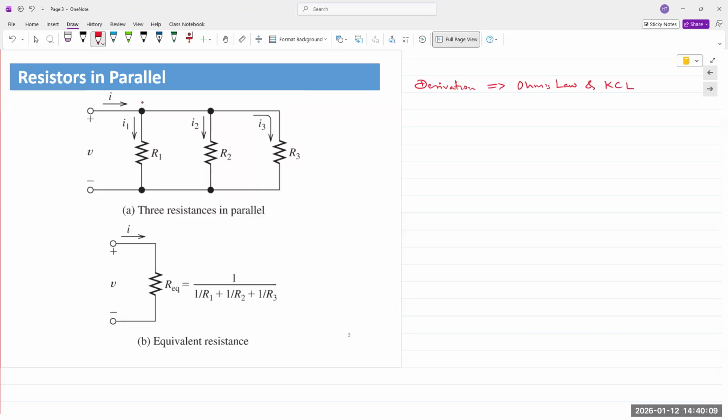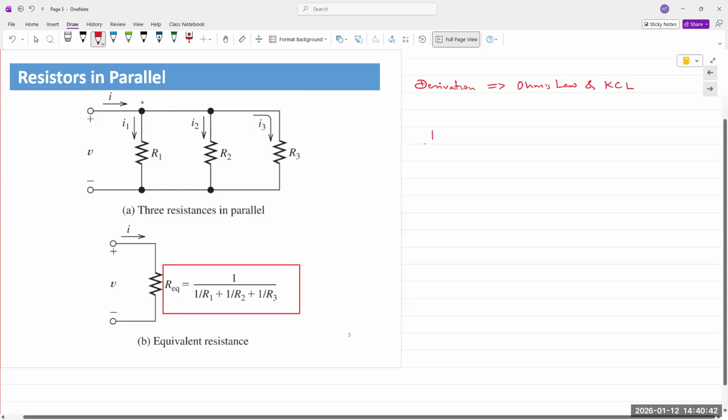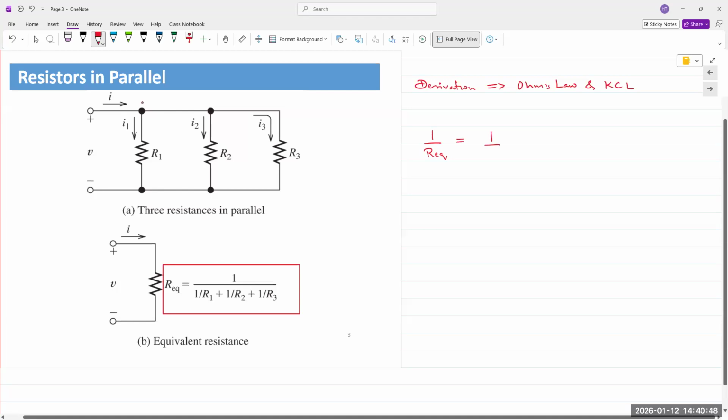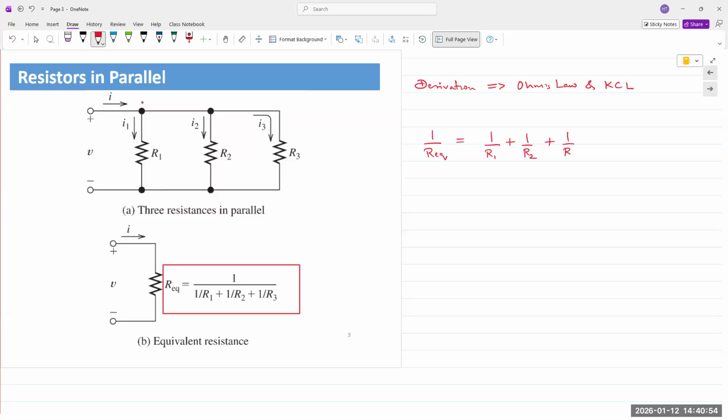Okay, you have current coming through, that current gets divided. Each of those currents causes a voltage drop to appear across each one of those resistors, but because they are between the same nodes, voltage for those resistors is the same, current is divided, and you end up with an equation for Req that looks like this. 1 over Req equals 1 over R1 plus 1 over R2 plus 1 over R3.